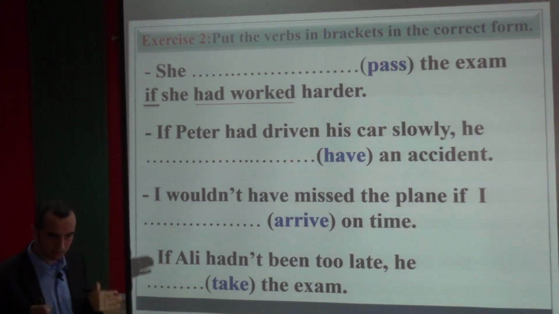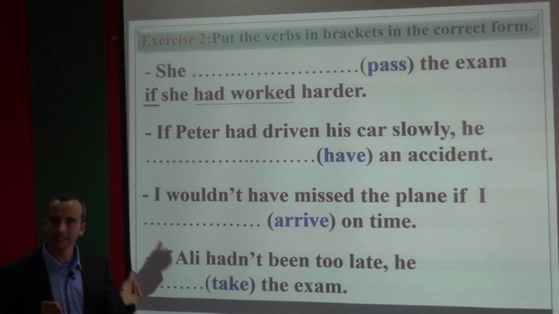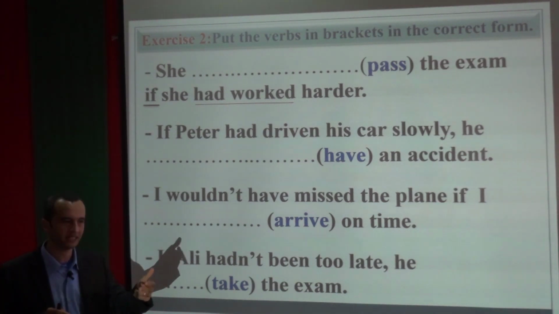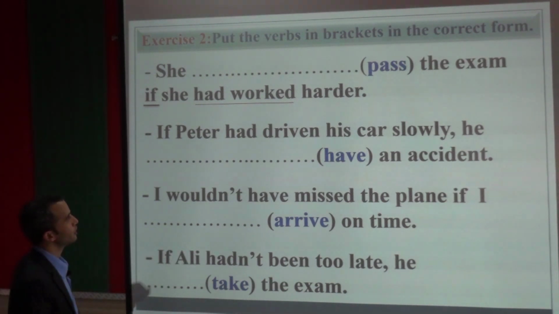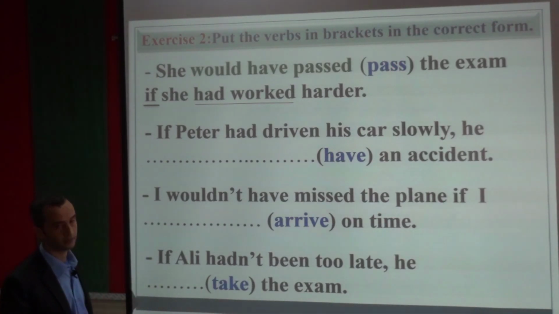When we have the past perfect, means, of course, in conditional type 3, in the main clause, the form should be either would have plus past participle, or could have or might have. It depends. So here we'd say, she would have passed. Past participle of pass is passed.